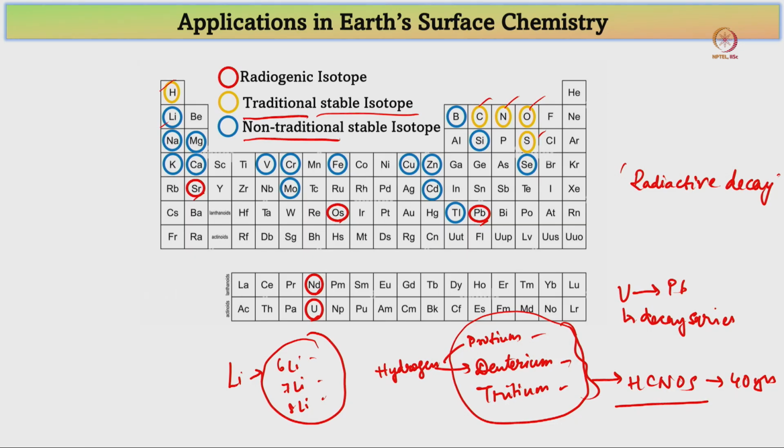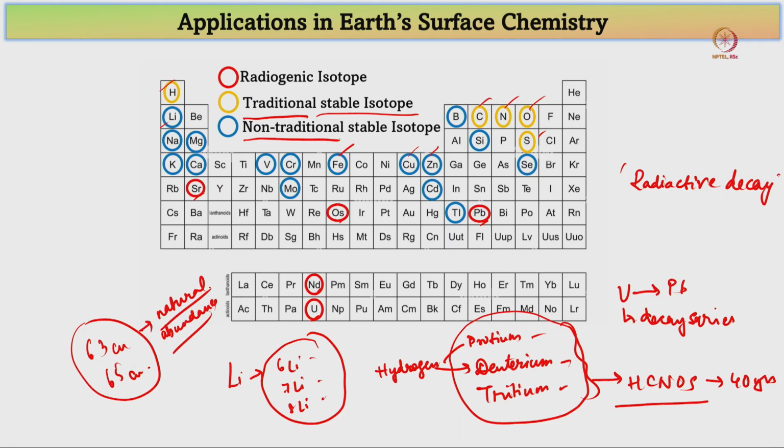Or for instance, take iron, copper, zinc. Copper will have 63 copper and 65 copper, so you can measure both of these. You are just going to measure the natural abundance.